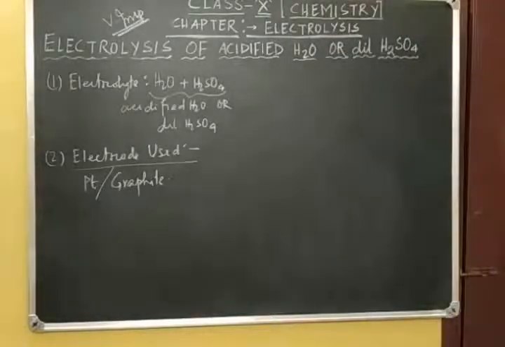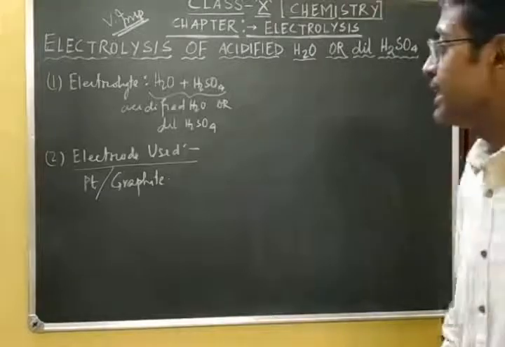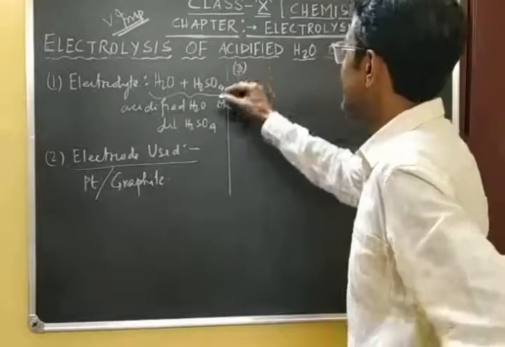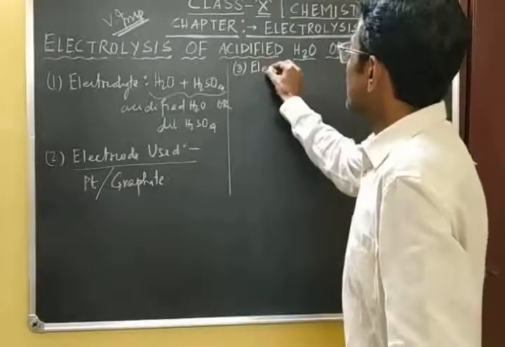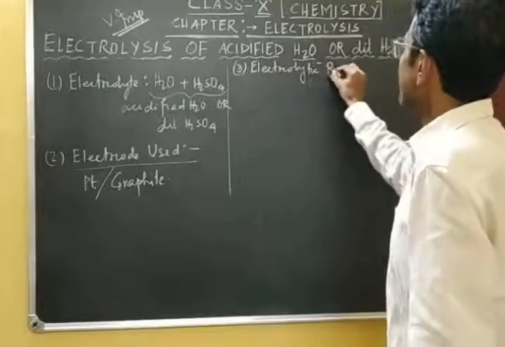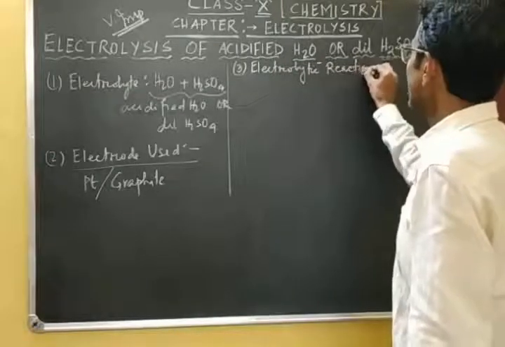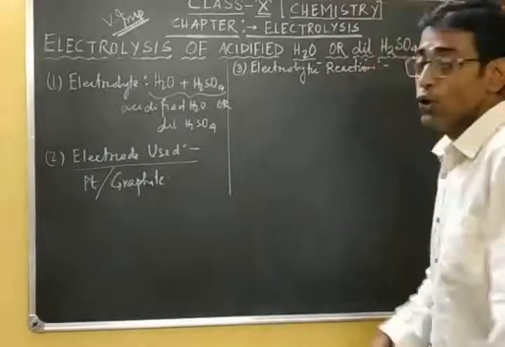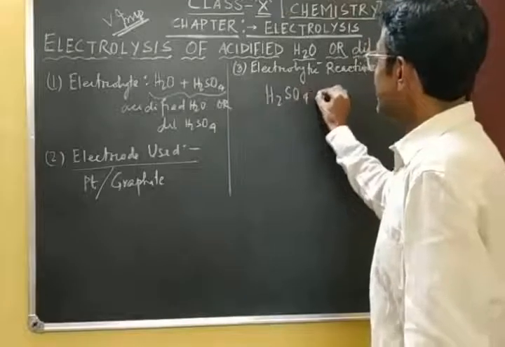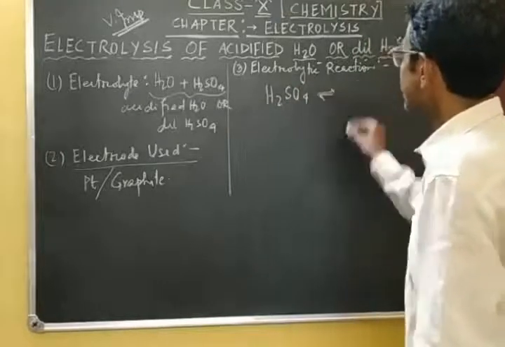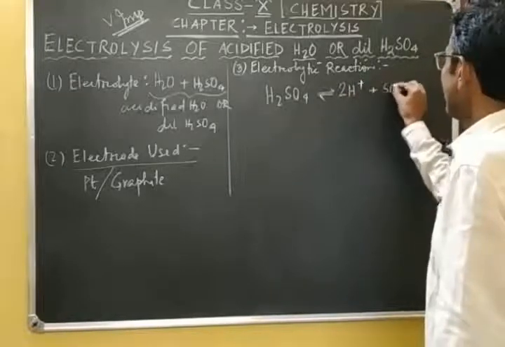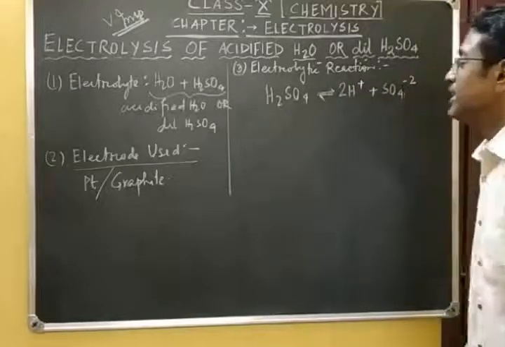So I will be starting with the electrolytic reaction. Number 3 I am writing is electrolytic reaction. Here there are two things: one is sulfuric acid, another is water. I am dissociating sulfuric acid like this: sulfuric acid dissociates into 2H+ and sulfate ion SO4 2-.